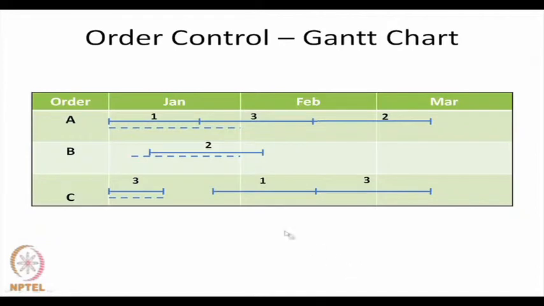Now, we would like to show you certain graphical methods of scheduling. Henry Gantt is credited with the idea about this chart, in which he said that in the x axis we can plot time in terms of days, or in this case dates in the month of January, February and March, and in the y axis we can show different things.